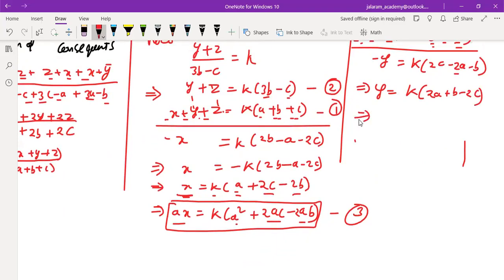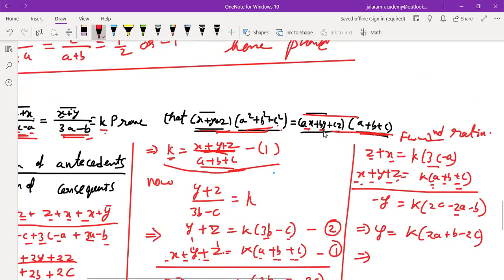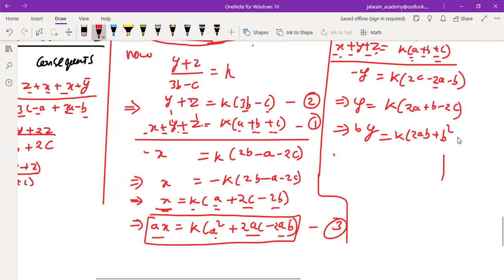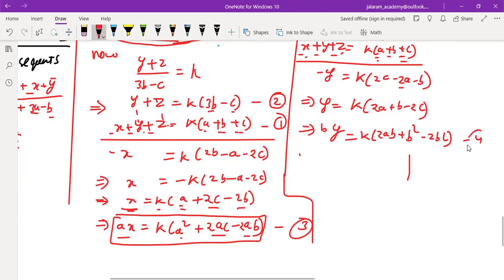And then as we have to bring by, we multiply both sides by b. So we get by equals k into, multiplying all the terms by b, 2ab plus b square minus 2bc. Take it as equation number 4.